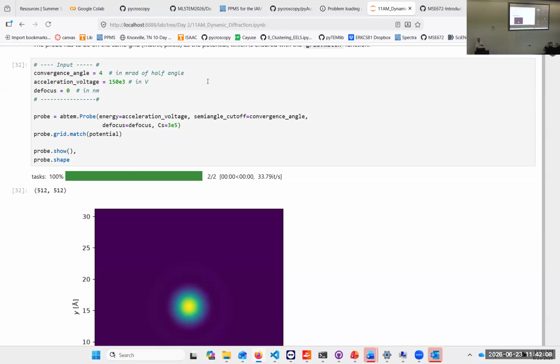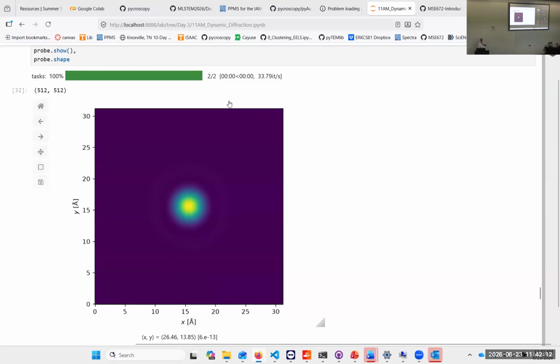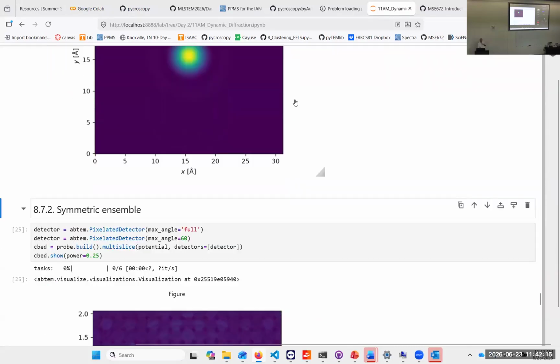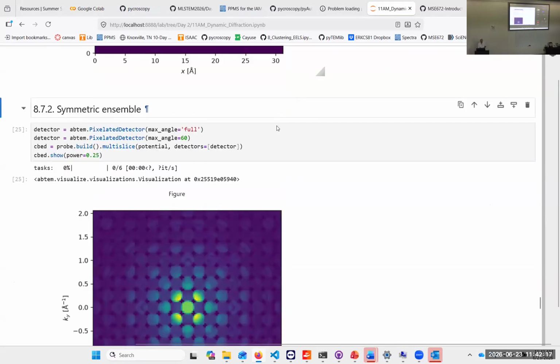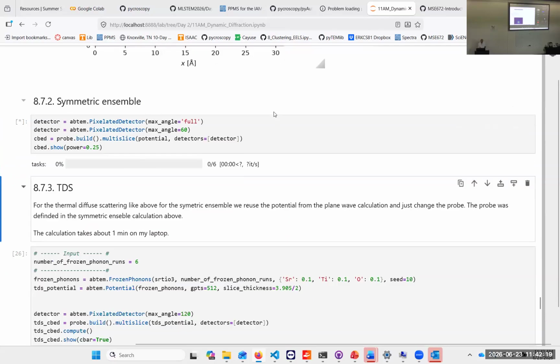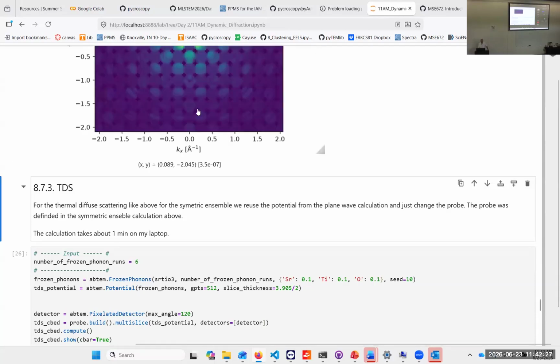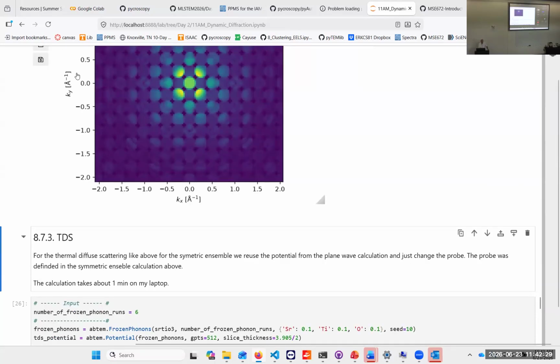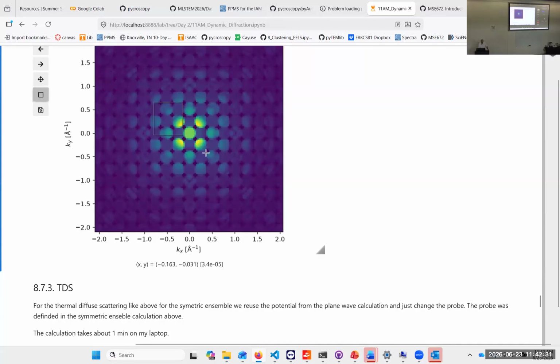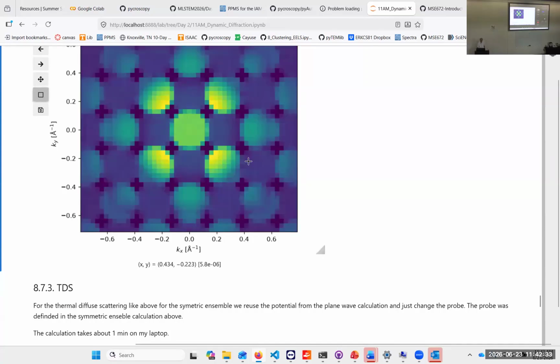And if we now do a Fourier transform into real space, then we have our probe position with all the different angles and the different intensities. And in an ensemble that is symmetric, we use the same potential. We don't do anything different. We just use many more of those things. And we see, okay, we have our convergent beam pattern.